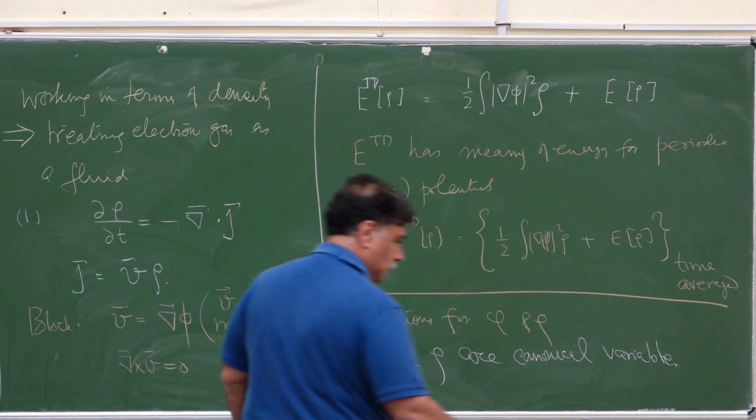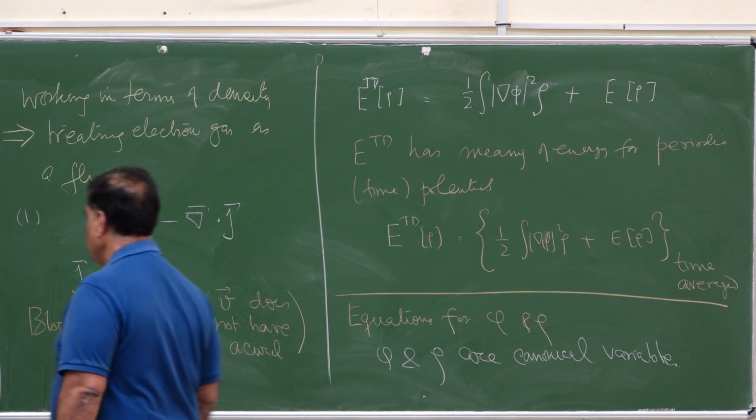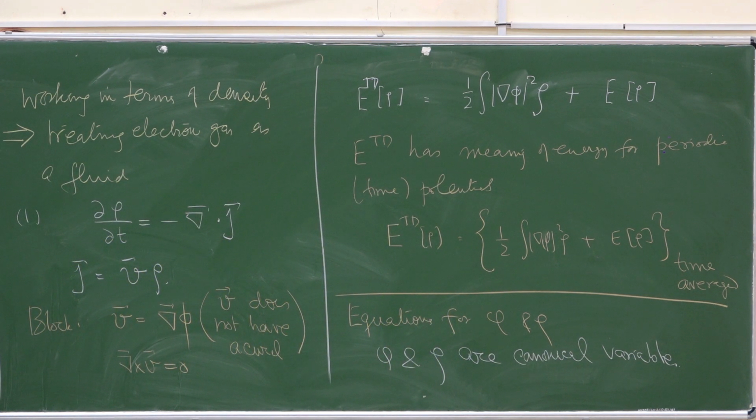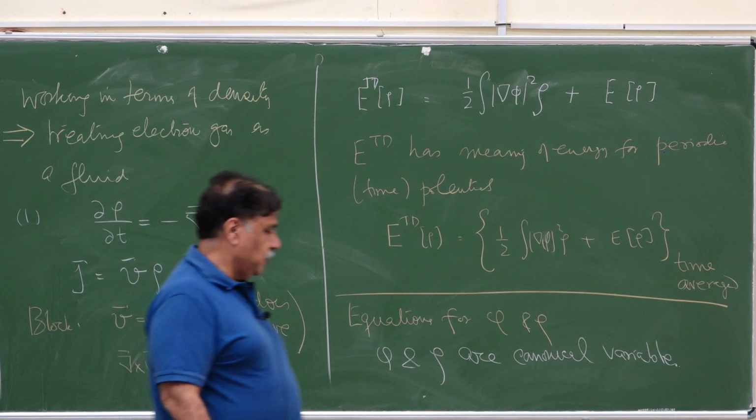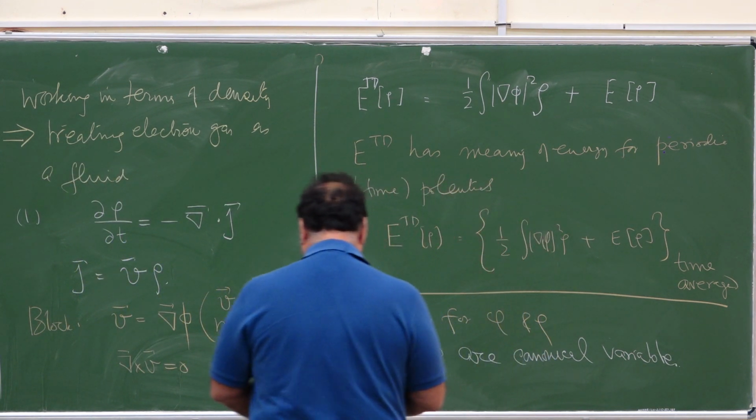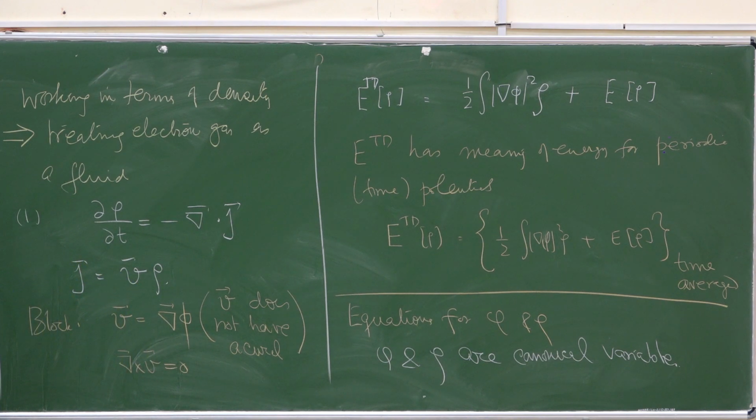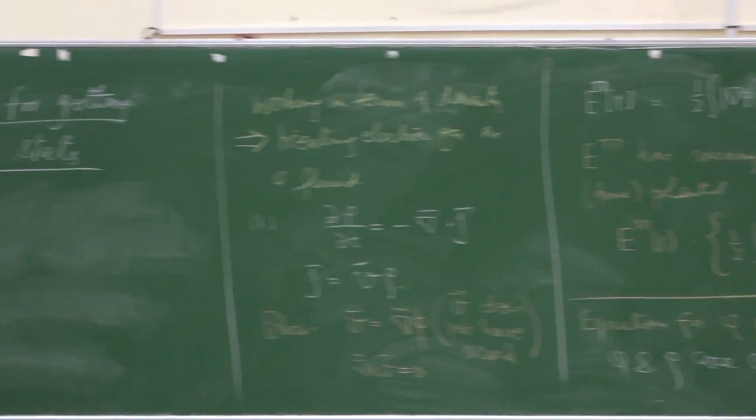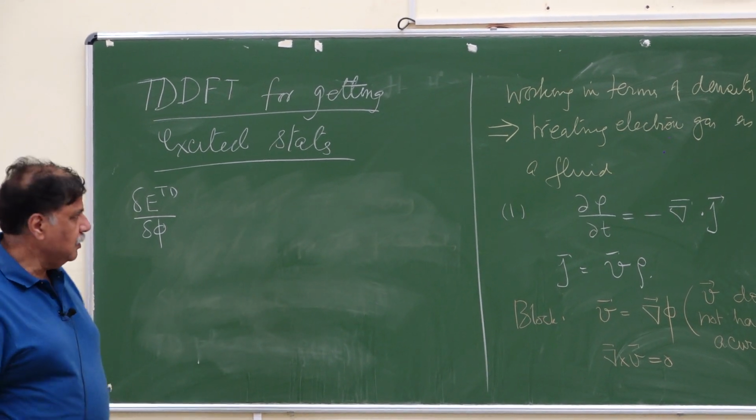Okay? So how do we show that? Well, the equations will give me that indication, and then I'll take that to be the indication that phi and rho are canonical variables, and then I'll write the equation for the other. So if I take delta E TD delta phi, after all now there are two functions, phi and rho, right?